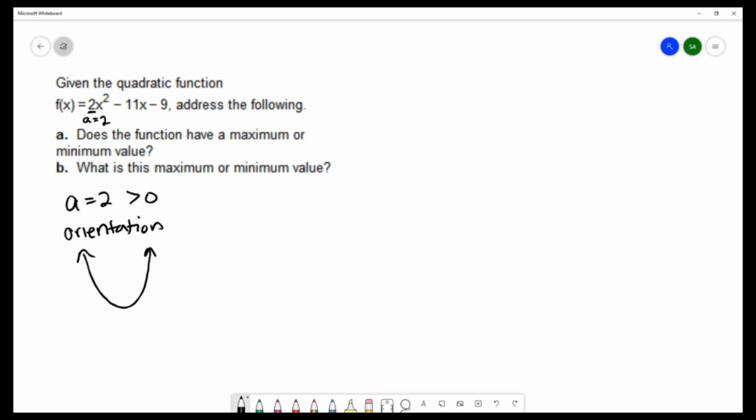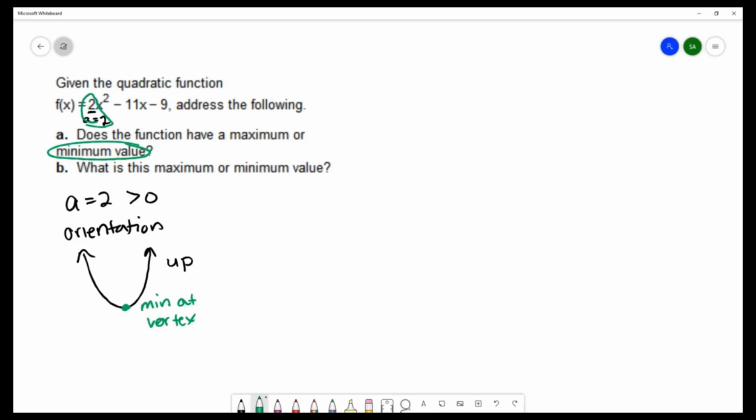The parabola is an up-facing parabola. And so this quadratic function will have a minimum value at the vertex. So it's got the y value being the lowest at the vertex. So we can say that this function has a minimum value because the orientation is up.